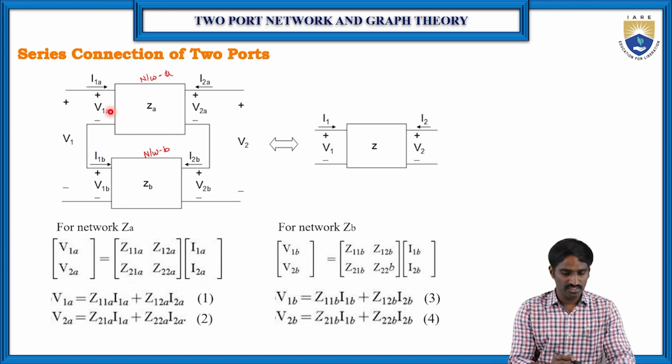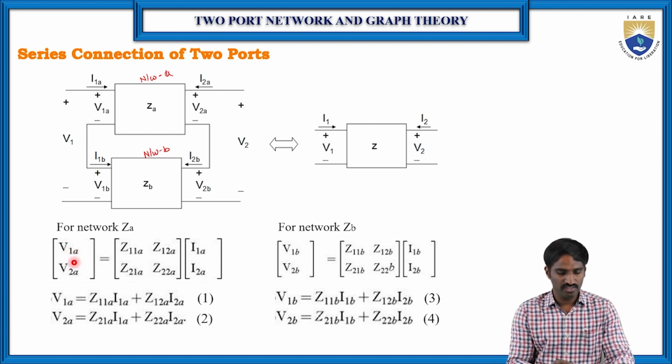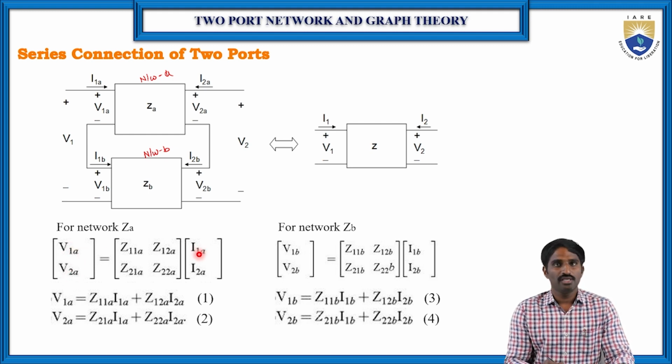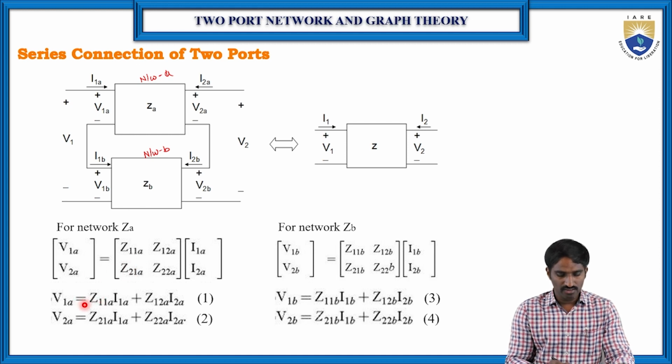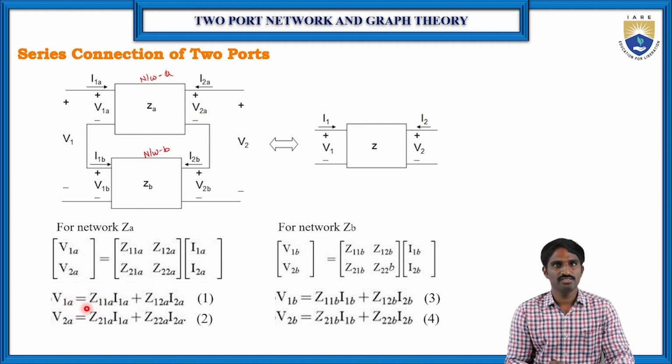Then for the first network here, the input voltage is V1A and the output voltage is V2A. So the V1A and V2A in terms of the input current I1A and the output current I2A for the network ZA, right? Then if you write this in terms of equation, then you will get V1A is equal to Z11A into I1A plus Z12A into I2A, and let us consider this is equation number 1.